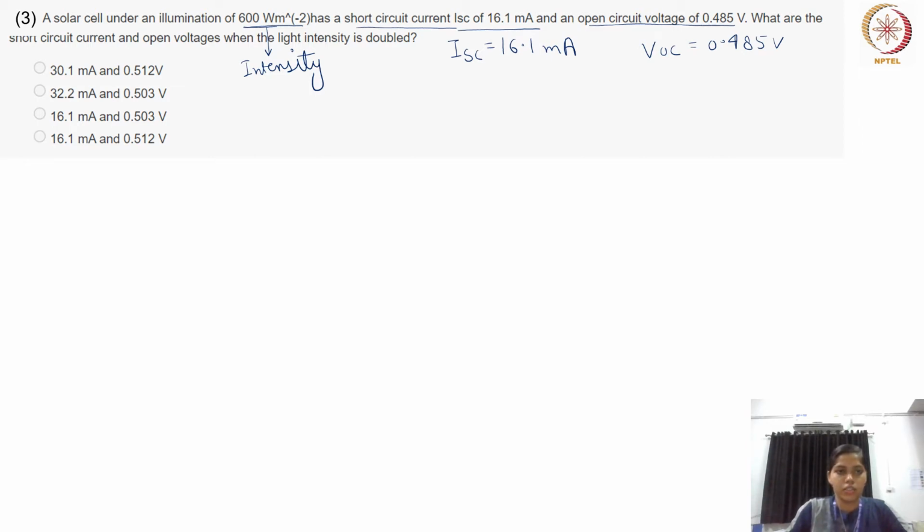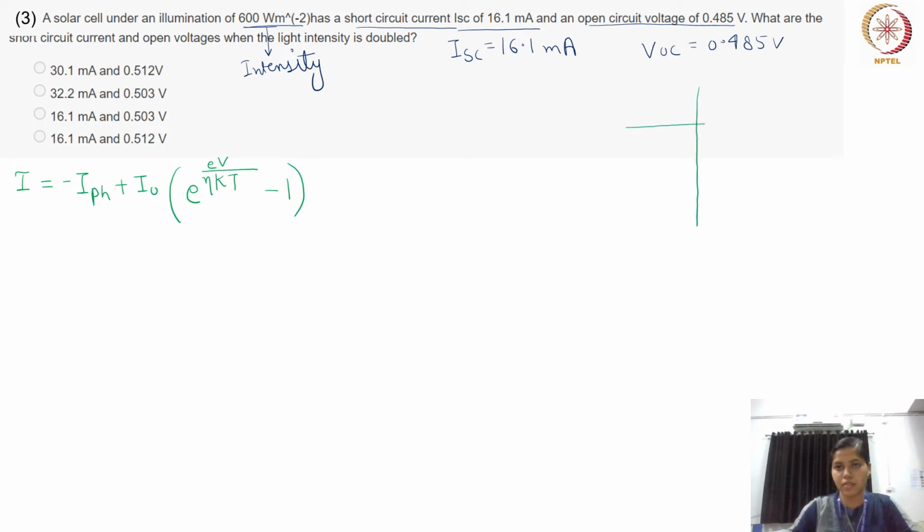So we know that for a solar cell, the total current flowing through the solar cell is given by I equals minus IPH plus I naught e raised to the power EV divided by eta KT minus 1. Let's have a look at the IV curve of a solar cell first.